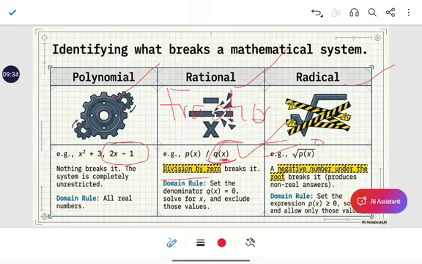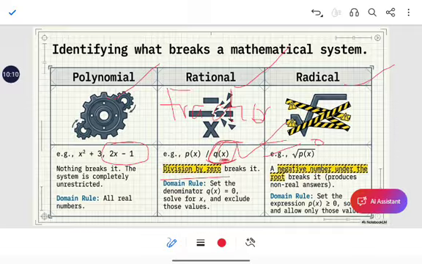If we resolve q of x and the answer is 0, that breaks the system. And so for a rational function to be defined, the denominator should not be 0.